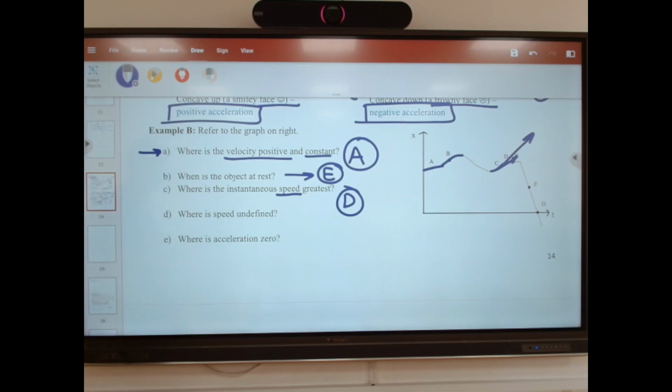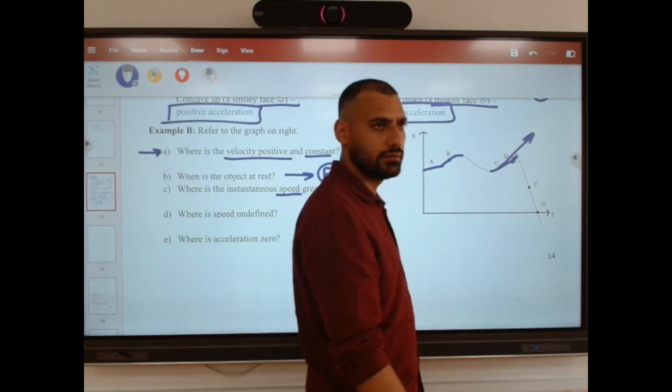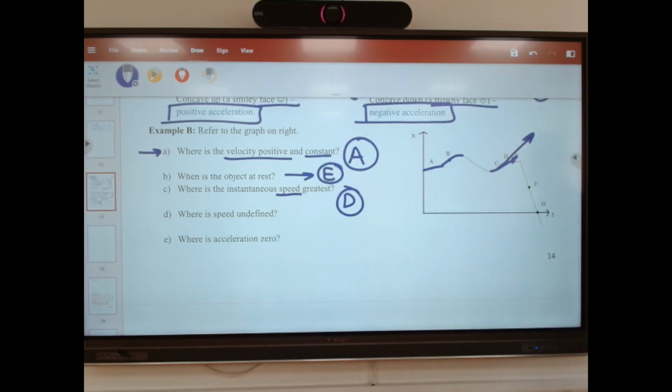Where is the speed undefined? We cannot define speed at. The problem is, we have to again talk about this point D. If you consider this D a part of this portion, then the speed is greatest.